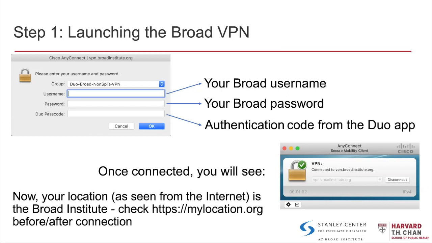And the third thing is a notification code from the Duo app, which is a 6-digit code that you can find through the app using your smartphone. Then you need to click the OK button. Once connected, you will see this window showing that your connection to the Broad VPN has been successful.